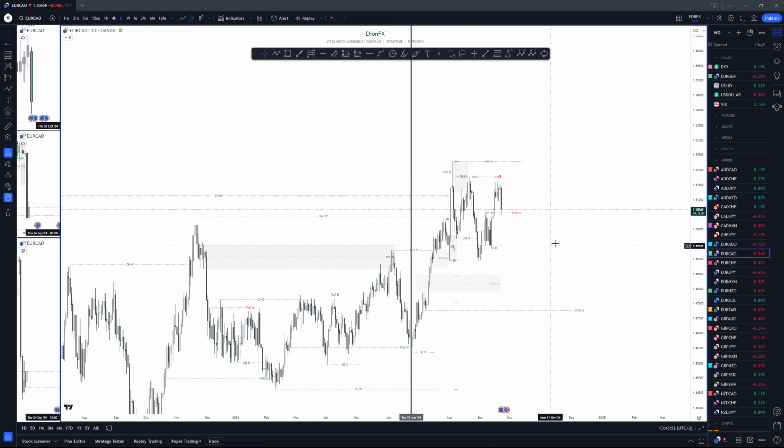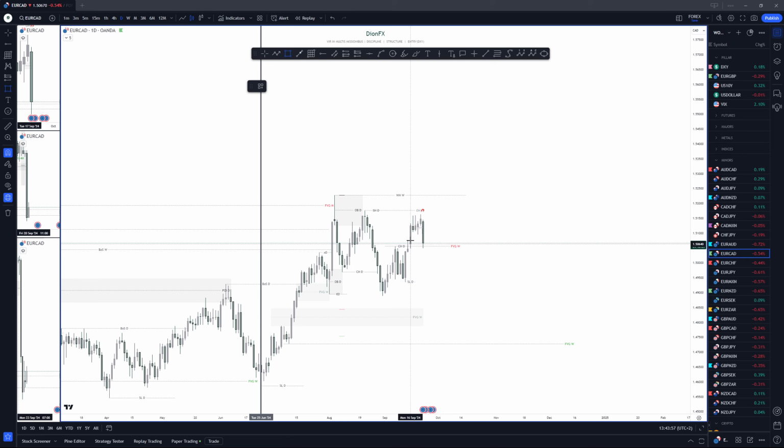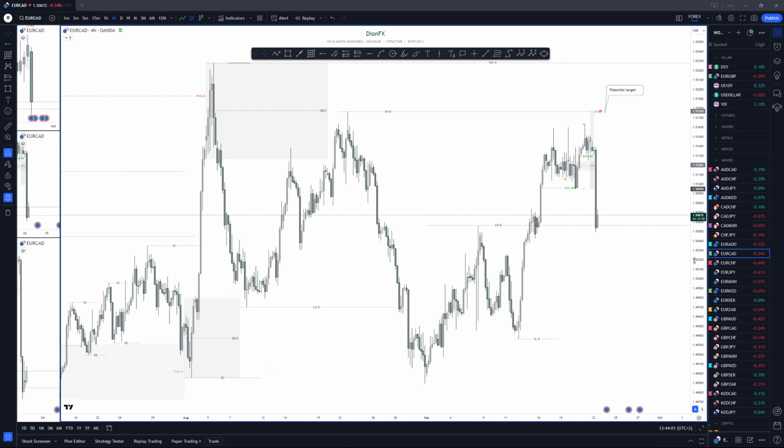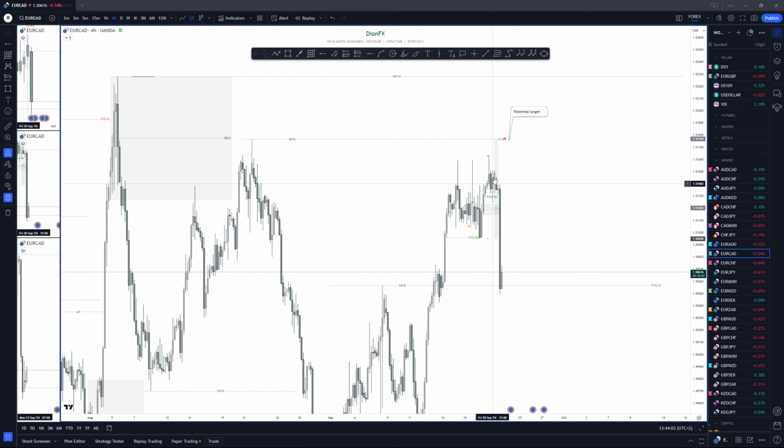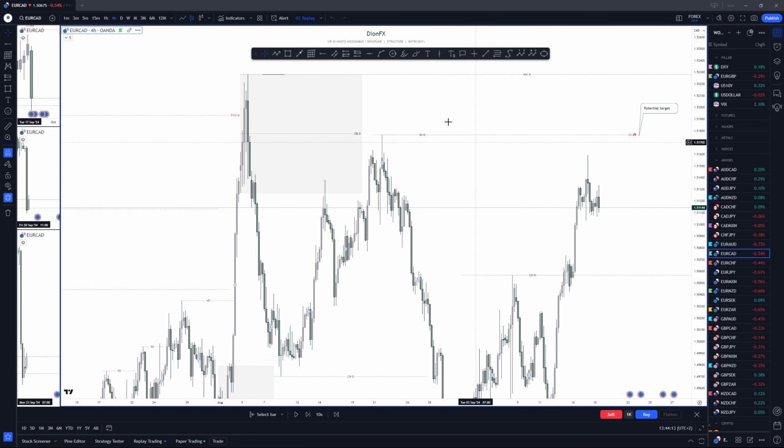Euro card. I was talking to KG about this one the other day. But yeah, price literally, after all of the manipulation that happened right here, up around this level. So last time that we talked about this pair, we were trading around here. It was like this, yeah.